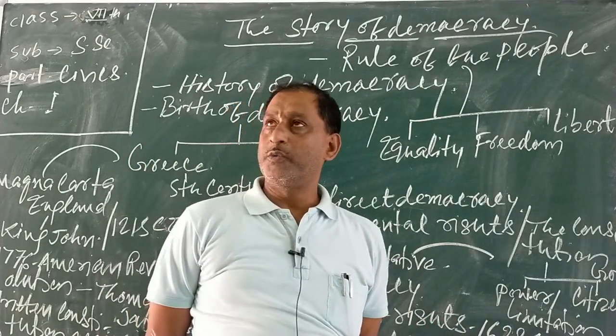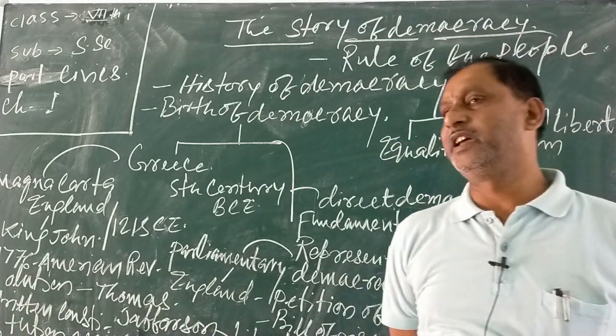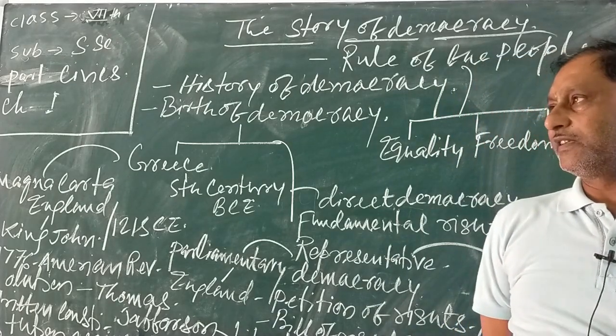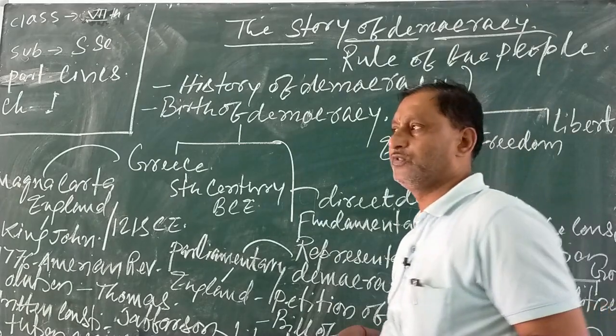All of these came out through the protest against the Bourbon dynasty, who ruled over France, and French society was subdivided into three groups.